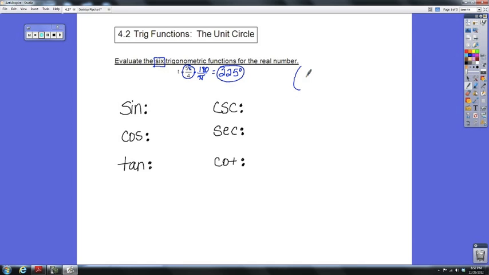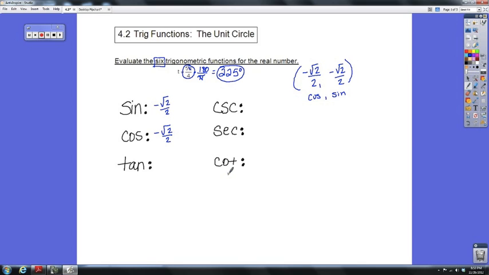I'm going to write that off to the side here. This is located at negative square root of 2 over 2, negative square root of 2 over 2, which is our cosine and our sine value, our x and our y coordinate. Okay, so here's our cosine value, and here's our sine value.